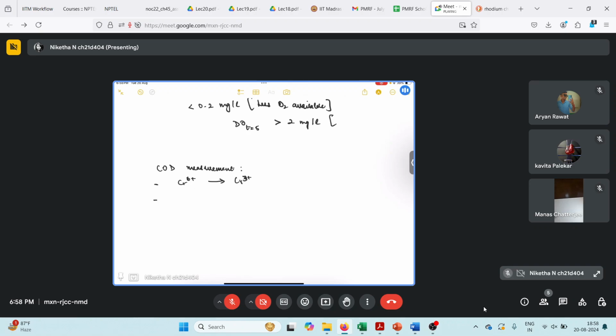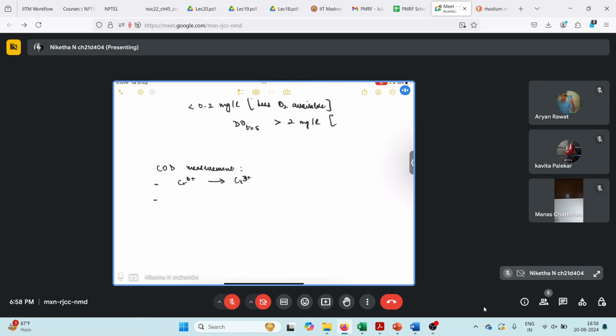So for that we have to determine how much chromium 6 plus is there in the solution, because whatever chromium 6 plus got oxidized to Cr3 plus, some remaining Cr6 plus will also be there. So if we find out how much Cr6 plus is there and subtract that from the initial Cr6 plus, that will give us how much Cr3 plus has been formed.